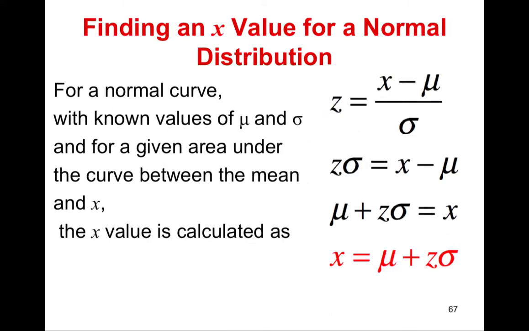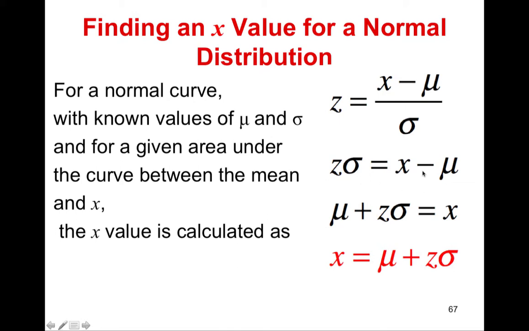So here's the secret. To do a concrete application, we want to work the formula that we're familiar with to find a z-score backwards. We want to solve it for x. So to do that, we're going to multiply both sides of the equation by sigma.